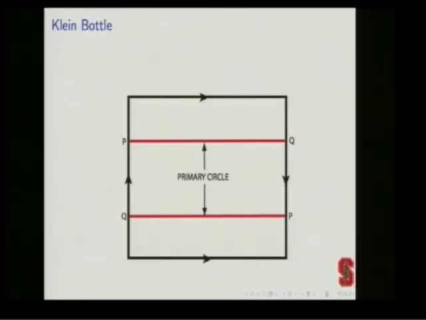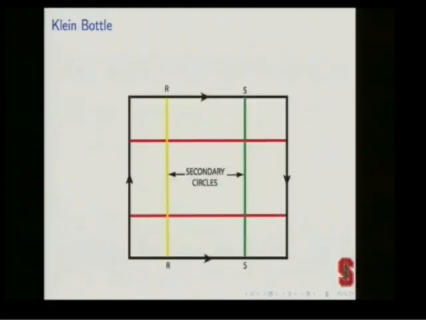And now let's put in the secondary circles. These are both circles also because R is glued to R and S is glued to S. And furthermore, each of these secondary circles intersects the primary one twice, and they don't touch each other. So it's a perfect embedding of the three-circle model in the Klein bottle.